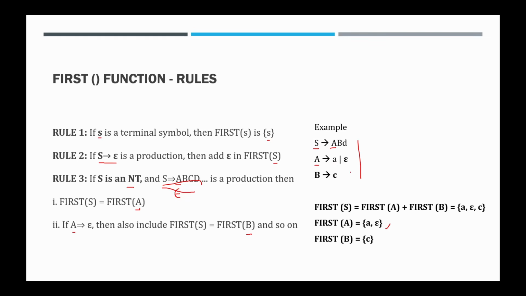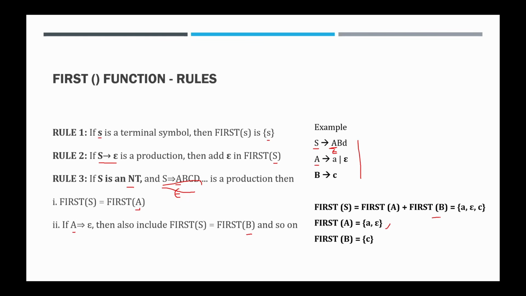A followed by epsilon: if we have epsilon, we should add it. So first of A equals {a, epsilon}. Since A tends to epsilon, if we substitute epsilon here, the production changes to BD. So in first of S, we should also include first of B.